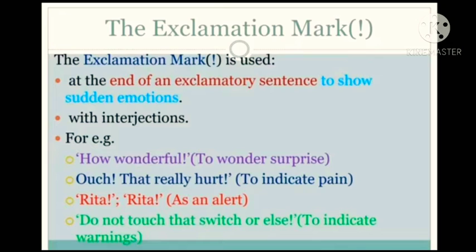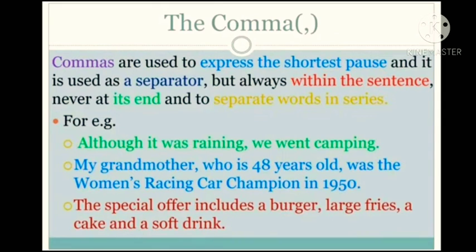So these are different kinds of exclamatory sentences which generally end with an exclamation mark. And ouch, oh, oof, alas, these are interjections. These are words which show immense feelings or sudden reactions. So they are known as interjections. So we also use the exclamation mark with such interjection words.